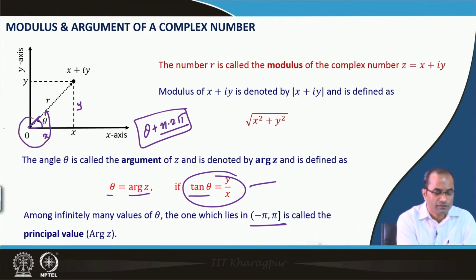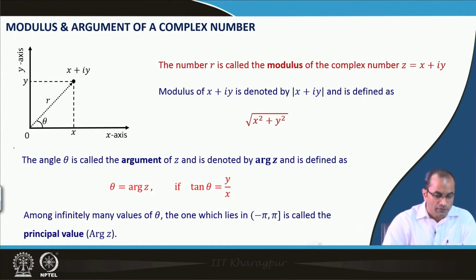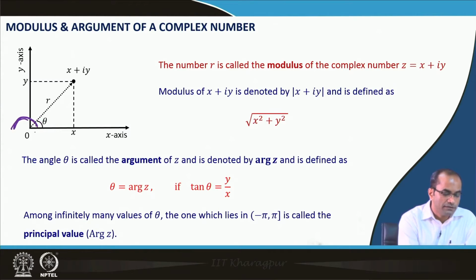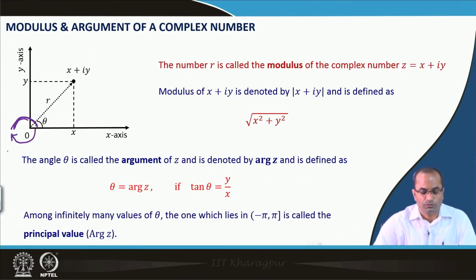So, if theta goes from the x axis up to pi, the angle coming from 0 to pi, we will take that, and otherwise in this direction we will go with minus. So, from here to here we cover 0 to pi, and in this direction we cover minus 0 to minus pi.